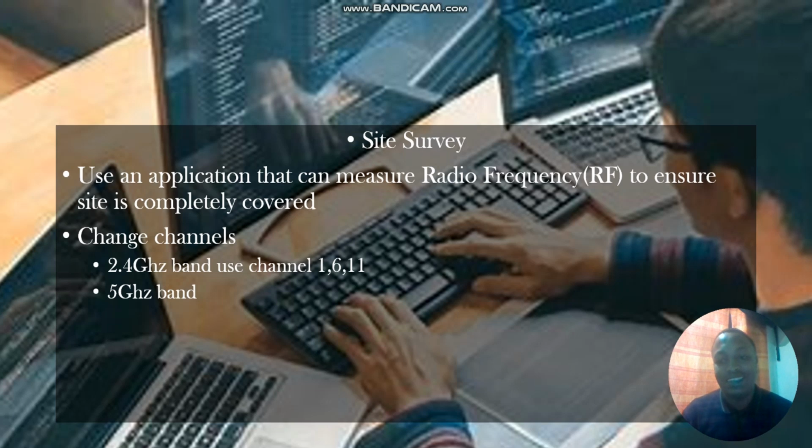So a trick to ensure that you're not having slow speeds in your network is to change the band or the channel that you're using. For those who are using the 2.4 gigahertz, and this is used for Bluetooth and other devices, you need to change the channel from 1 to, you can use 6 or 11.